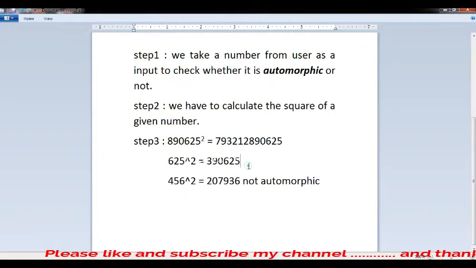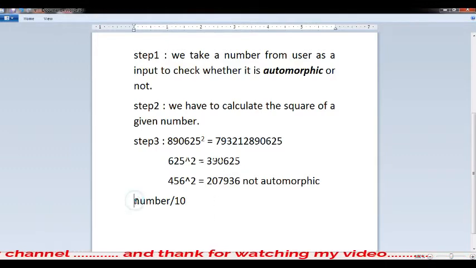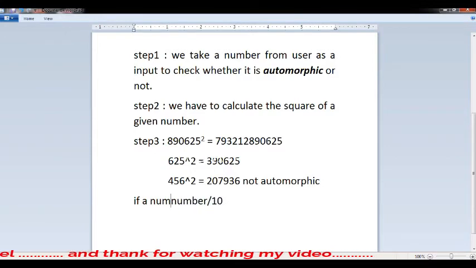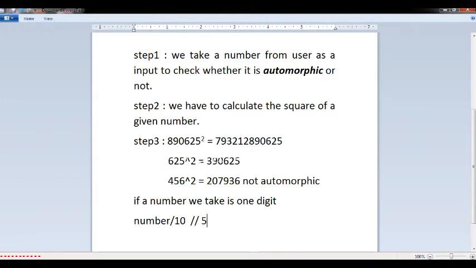If a number is divided by 10, for example, if we take a 1-digit number, try to understand. Example 5, 5 divided by 10 gives 0.